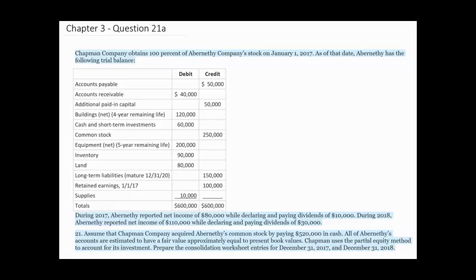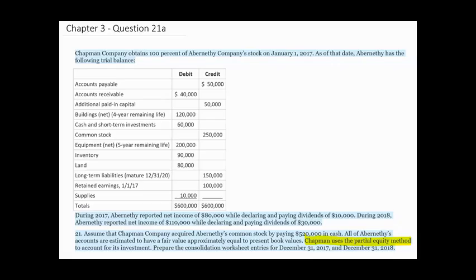Okay, so there are 2 important pieces of information in the last paragraph. The first one is that Chapman, the parent company, is using the equity method, so that's going to impact how they update their investment account.